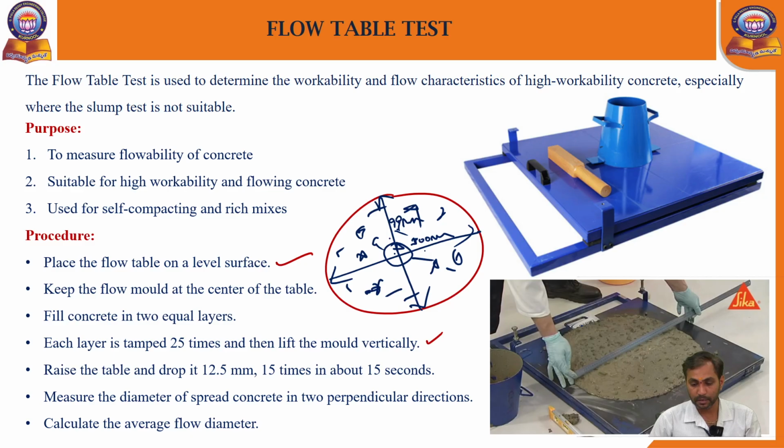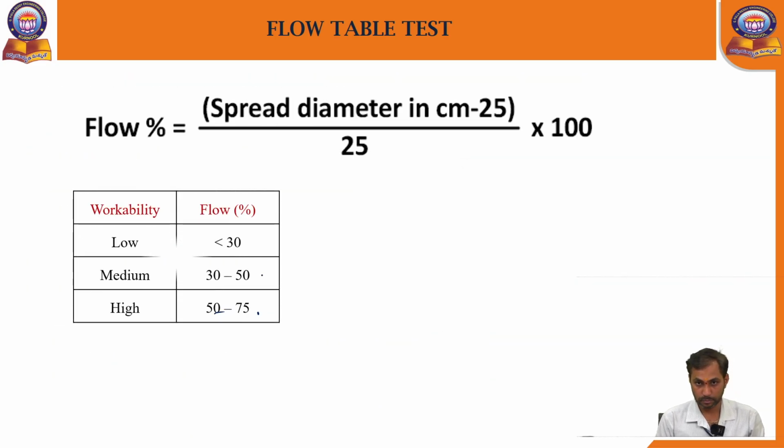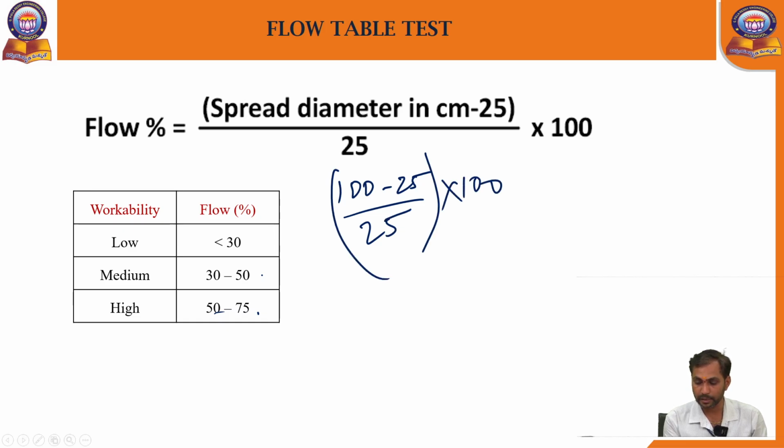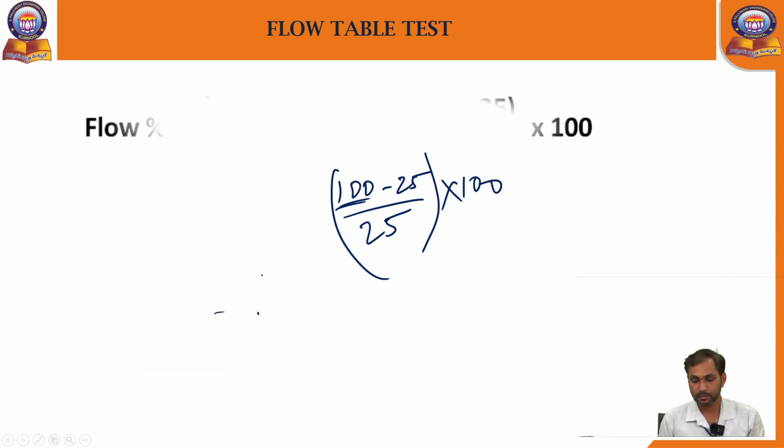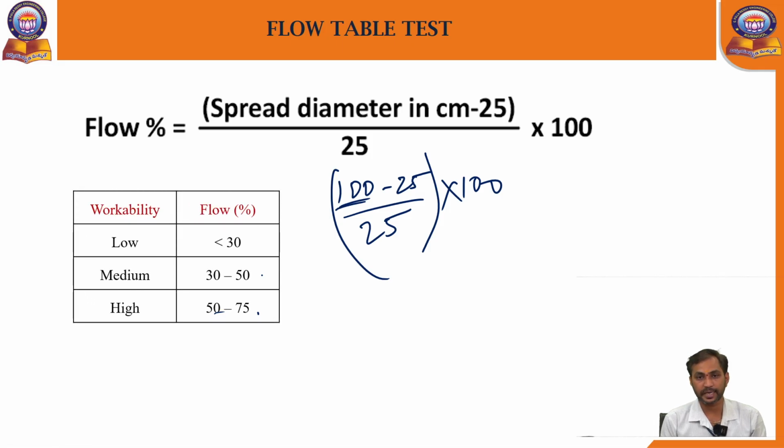For example, how much did we get here? 100 mm. So 100 minus 25, by 25, into 100. This is the spread diameter. While measuring this diameter, I got 100. Now I am doing the calculation part.